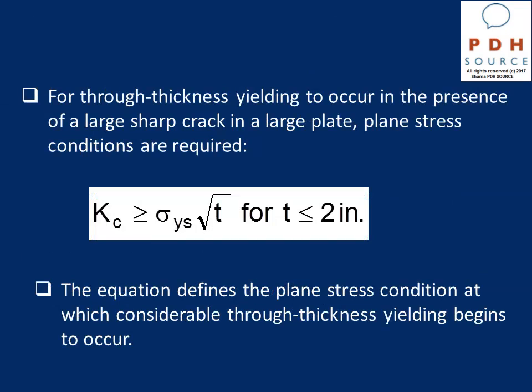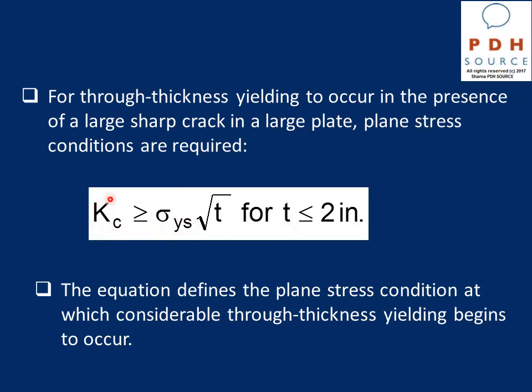So for through thickness yielding to occur in the presence of a large sharp crack in a large plate, plane stress conditions are required, and we have to satisfy this equation.